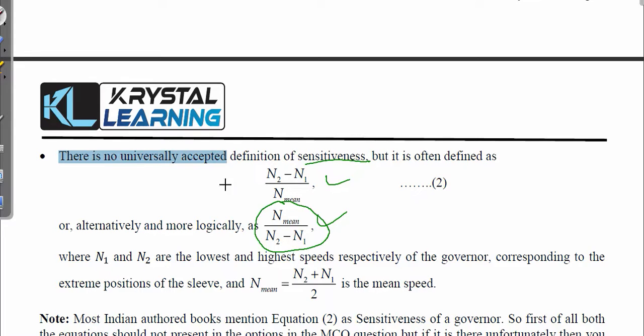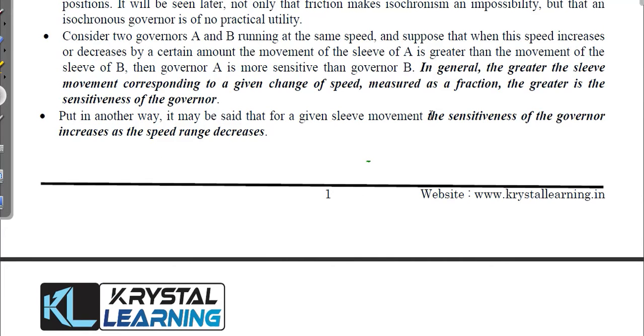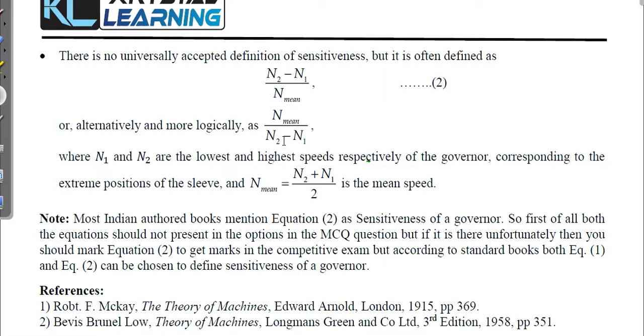So it is saying more logical is this N mean upon N2 minus N1. Why? Because this N2 minus N1 is the range of speed, and a little while ago we have seen this statement that the sensitiveness of the governor is inversely proportional to the range of the speed. So this is more logical, but both of the formulas are valid for defining the sensitiveness of the governor.